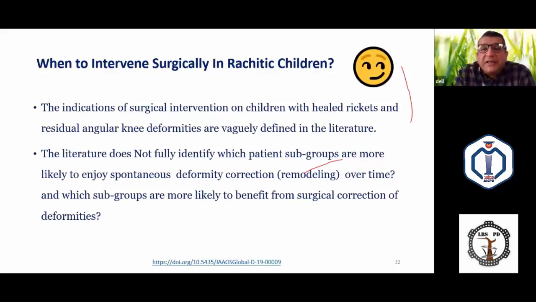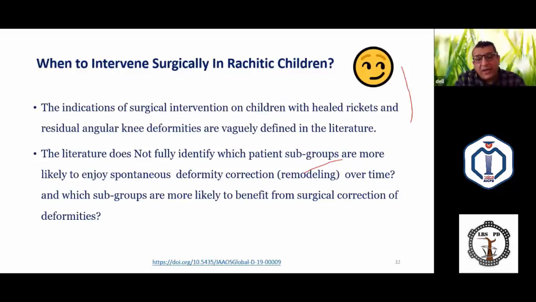Okay, when to intervene surgically in rachitic children? Actually, this point is not clarified at all in the literature. There are no clear indications for surgical intervention, or in other words, what do we specifically mean if we want to focus a little more on this point?